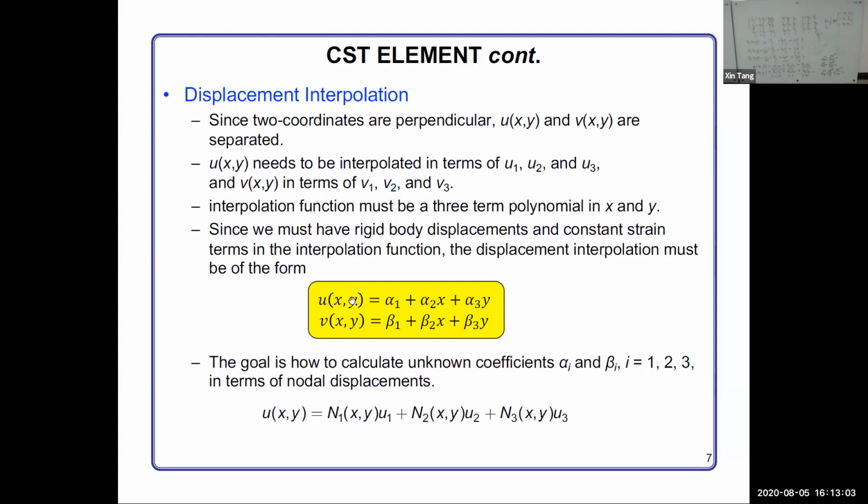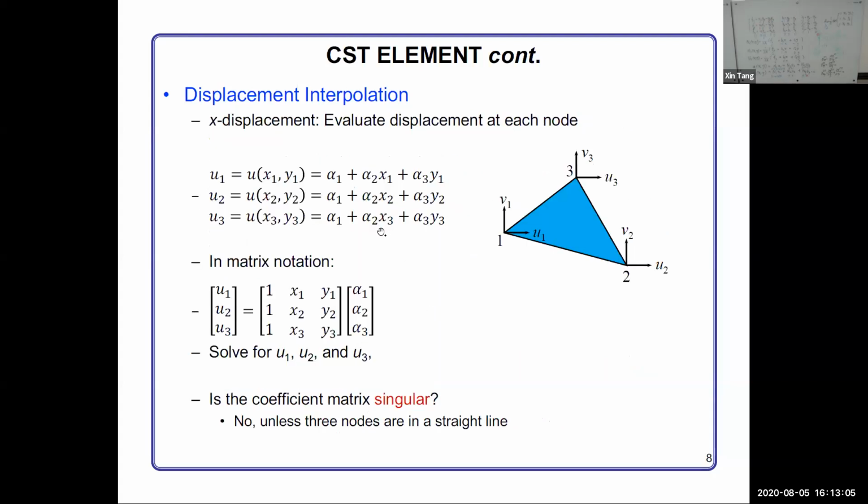Okay. Now, once we put that information in, we will write u1 as alpha1 plus alpha2 x1 plus alpha3 y1, and u2 and u3 are written in a similar way. Then you can rewrite it in matrix notation, and then calculate it either in MATLAB or in finite element analysis software.